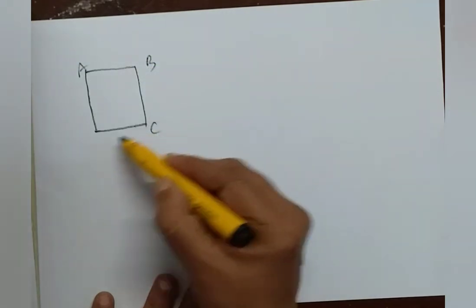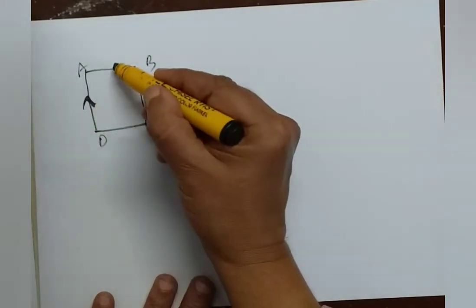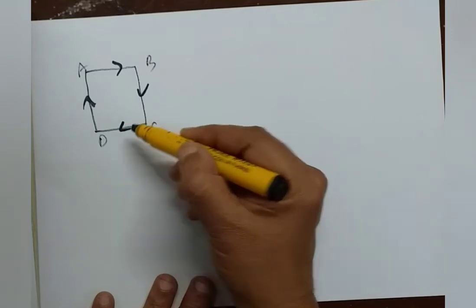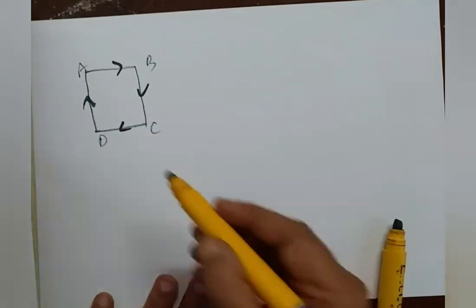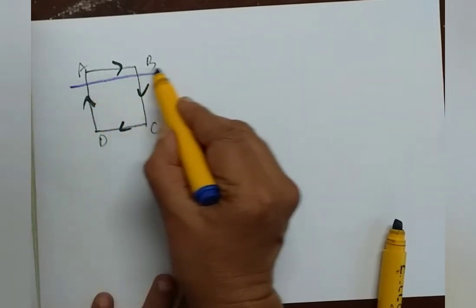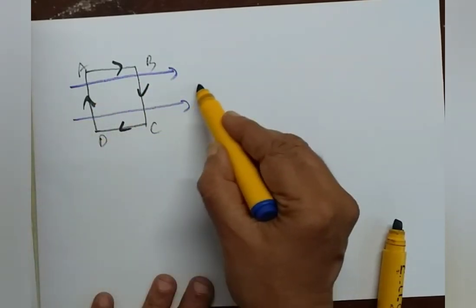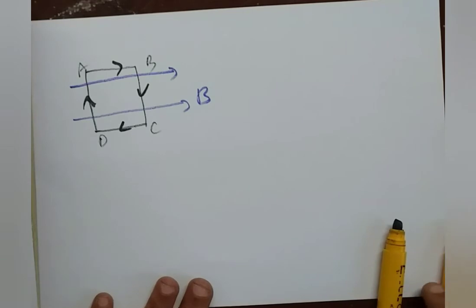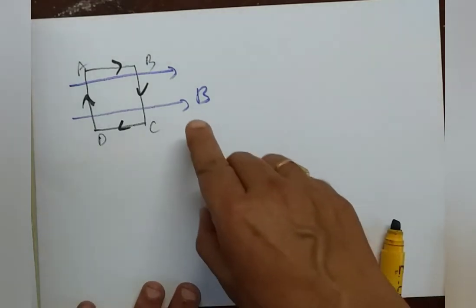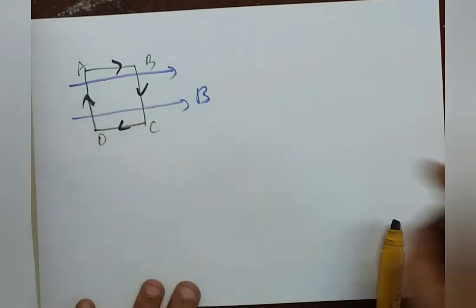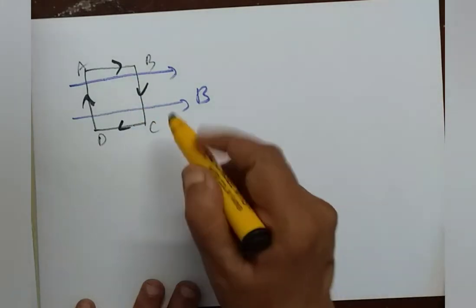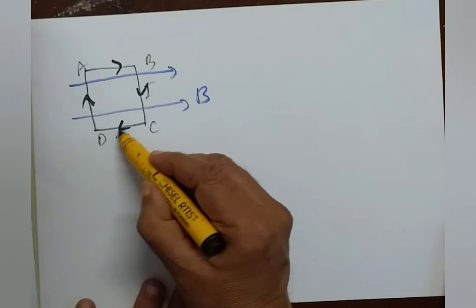ABCD is the rectangular coil carrying current like this, and it is placed in the uniform magnetic field. This is the magnetic field. Then observe, the field is this way and the current is this way. This is the current.